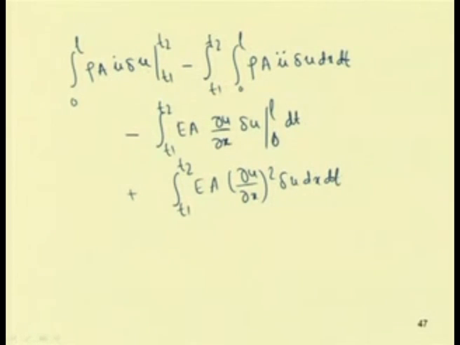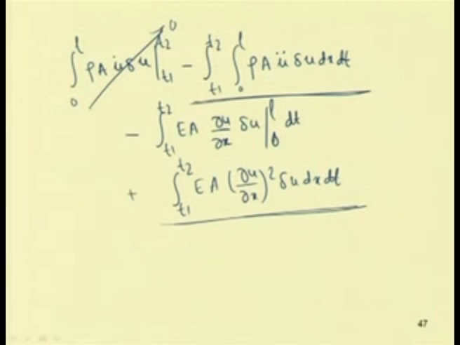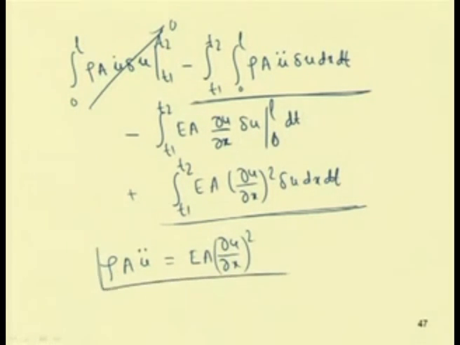We already know this del u at T1 and T2 becomes 0, so this term becomes 0. For the equation of motion we add this and this term, as del u is arbitrary. So, we have the equation of motion this way: rho A u double dot equal to E A del u by del x square. This is the linear equation that we obtained for this case, and the other term will give the boundary condition.